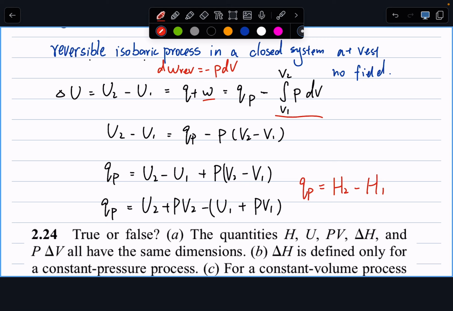So now if you think about this whole process, what we did is we defined a new thermodynamic state function. We'll come back and talk about why we need it in our next lecture. Again, the whole point here is we want to know more about the thermodynamic state. These are thermodynamic state functions that are going to remain the same to help us define what a thermodynamic state is.